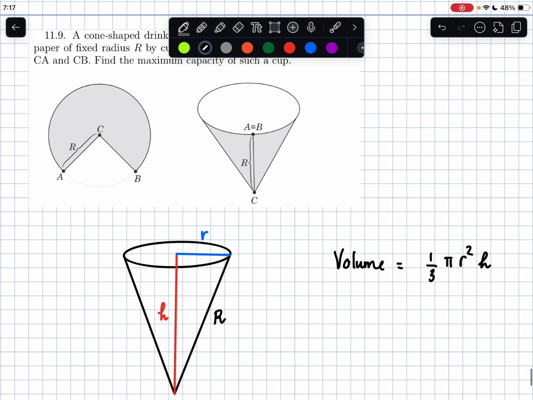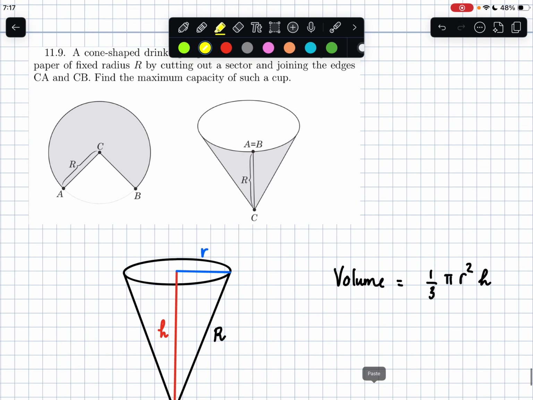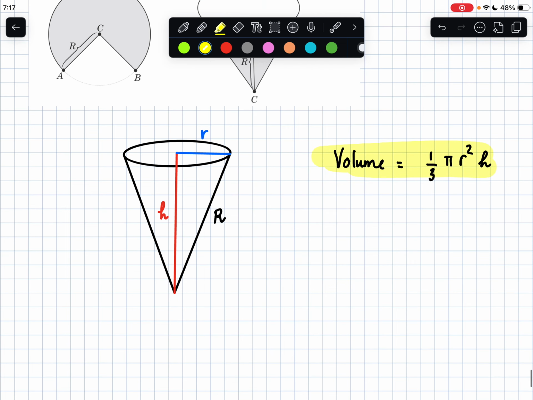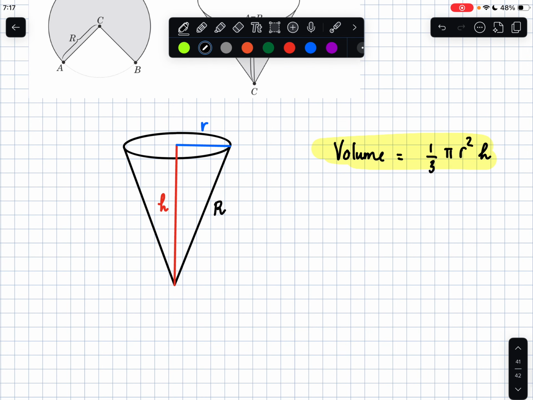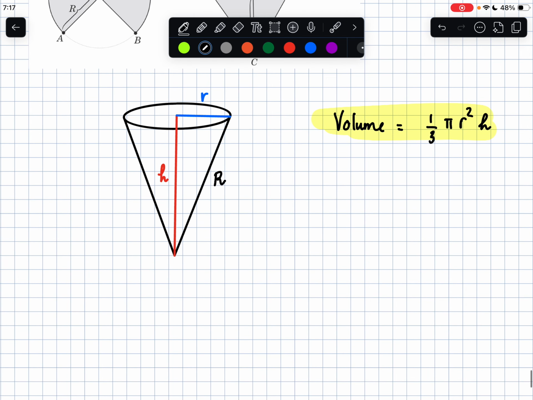So this is the volume and we want to maximize it. Find the maximum capacity of such a cup. Maximize this volume. So we want to maximize that in terms of the radius r. So let's do this.